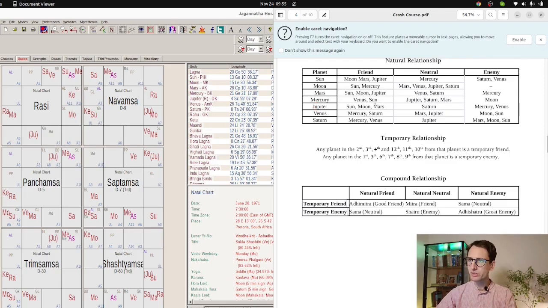Jupiter considers Mars a friend, and Mars is also a temporary friend of Jupiter. So natural friend, temporary friend, it's a great friend. Adi Mitra. Mitra means friend, Adi Mitra means good friend. Same with the Moon. Jupiter considers the Moon a friend, it's a temporary friend, so it's a great friend. So that's really nice. So he has a good friendship going on here.